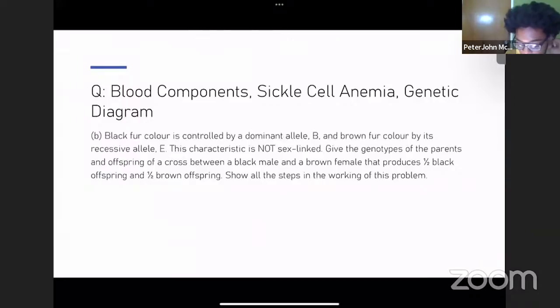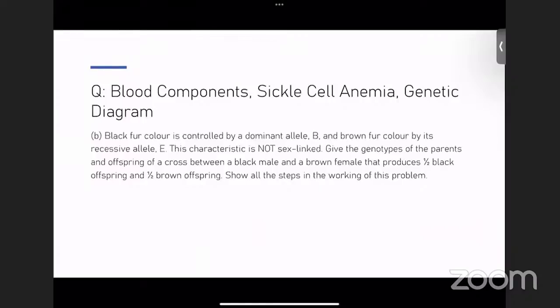So let's continue. Can someone read, please? Black fur color is controlled by a dominant allele. Brown fur color by its recessive allele, E. This characteristic is not sex-linked.